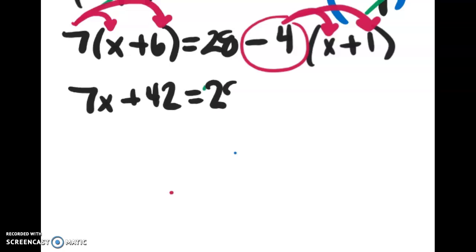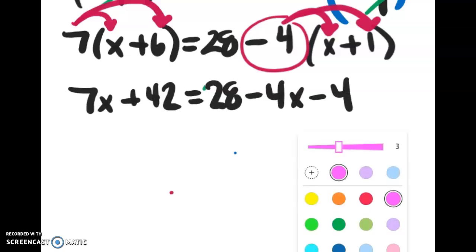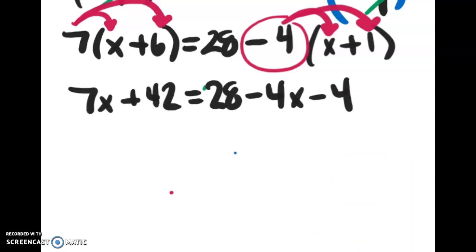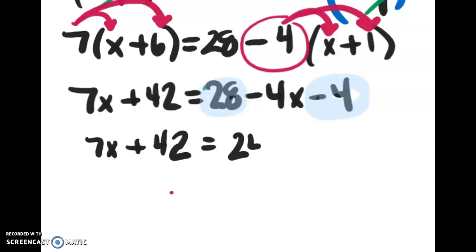And then I will get 28 minus 4x minus 4. Now that I've done that, I'm going to look for like terms on either side of this equal sign. Here I don't have any like terms. Here I do. 28 and minus 4 are both numbers, so I can combine them to give me 24.